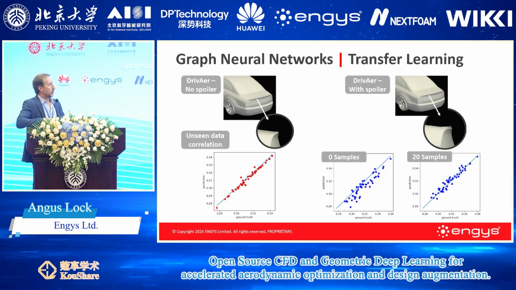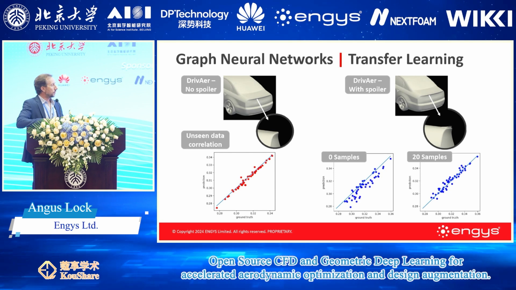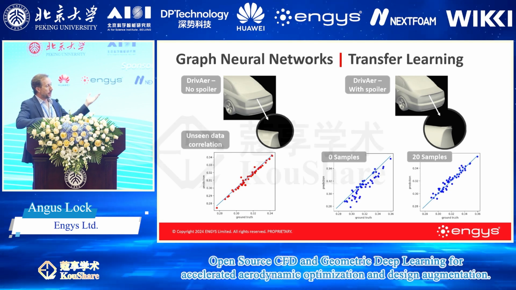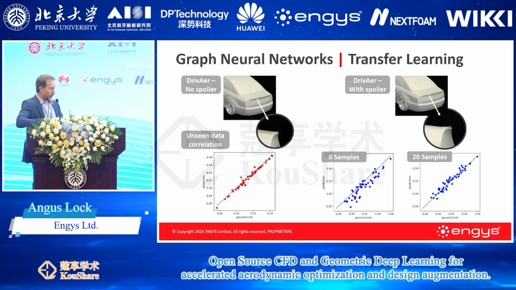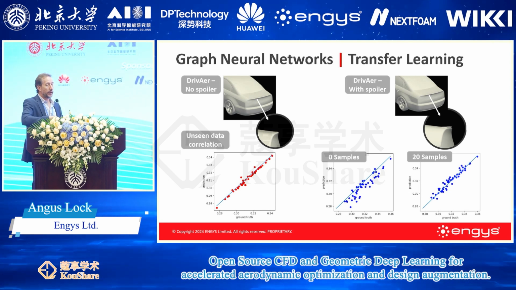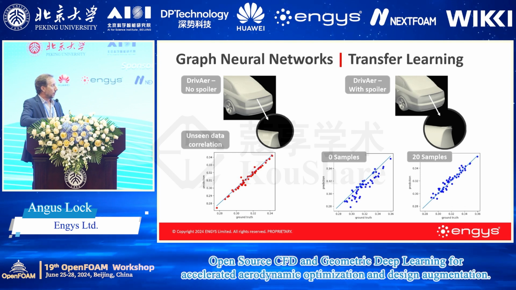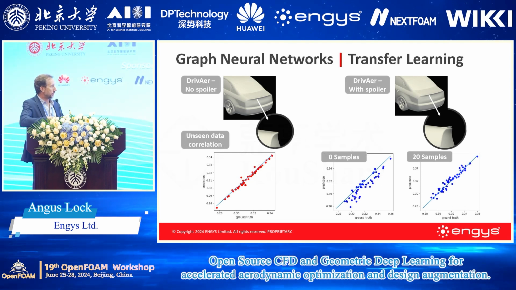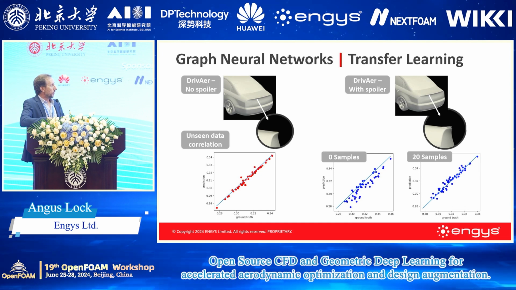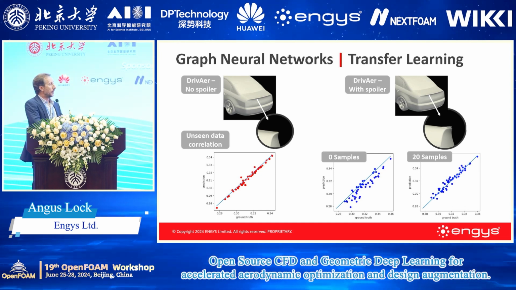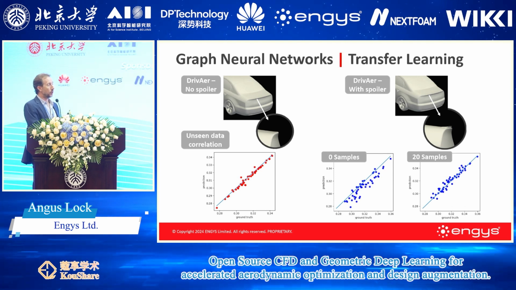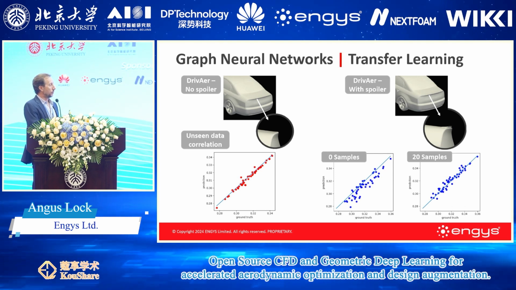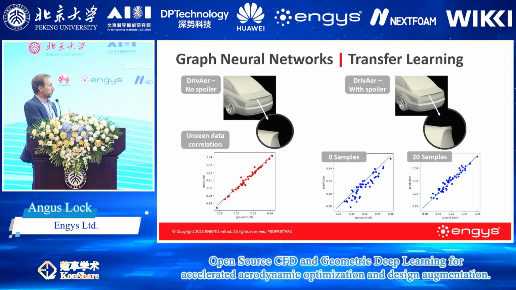So in terms of transfer learning, we're looking at the DrivAer that I mentioned earlier, and we're looking at correlation data. So for a typical training data set, we get very good prediction of the aerodynamic forces and the scalar fields from the training. And then when we introduce a new object or substantially change the shape of the baseline object, then we can get poorer predictions, as you can see here.